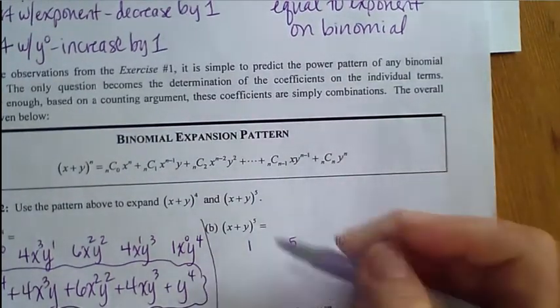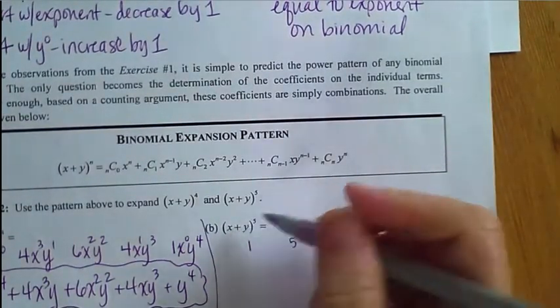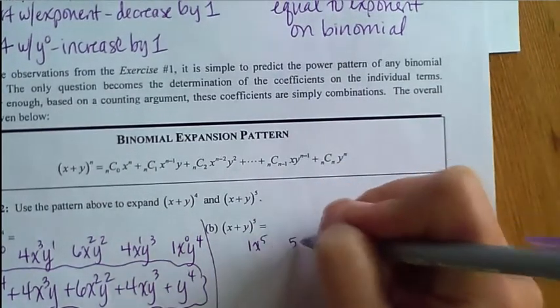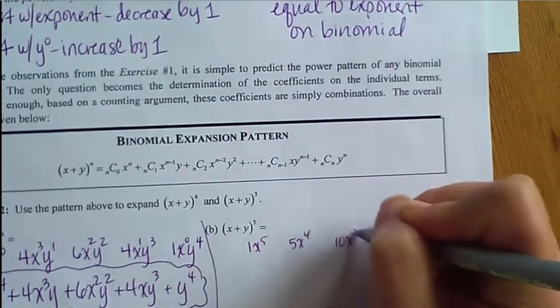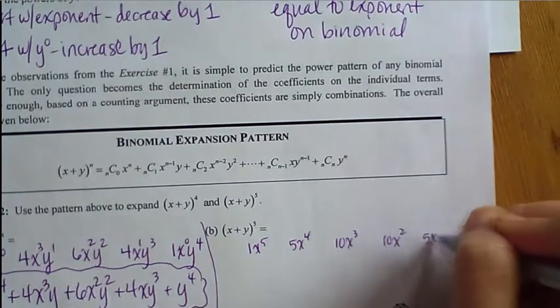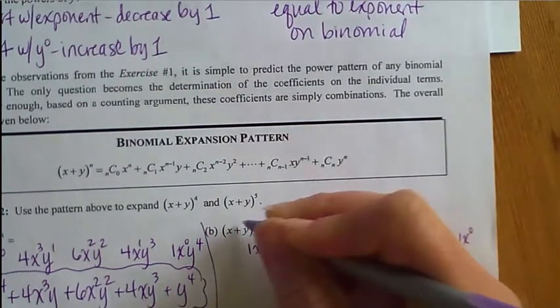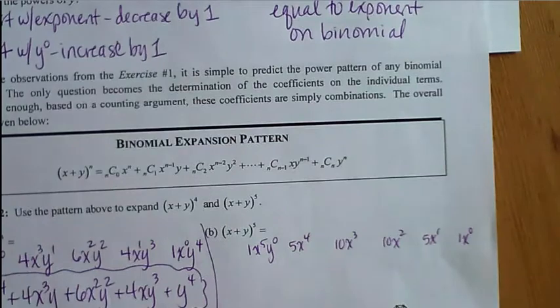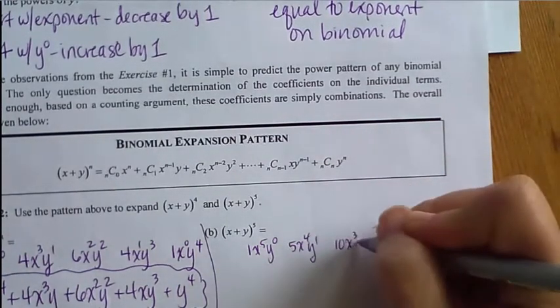The pattern with my variables and the exponents, x starts with the 5th and goes down by 1 each time. Y starts at 0 and goes up by 1 each time.